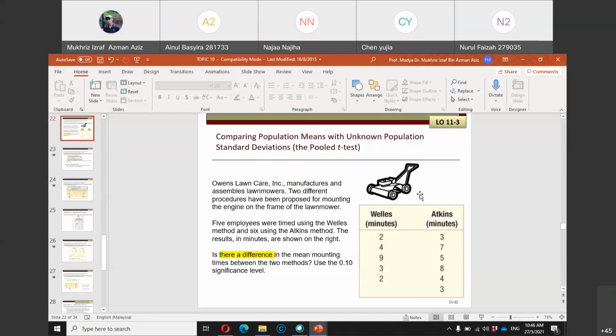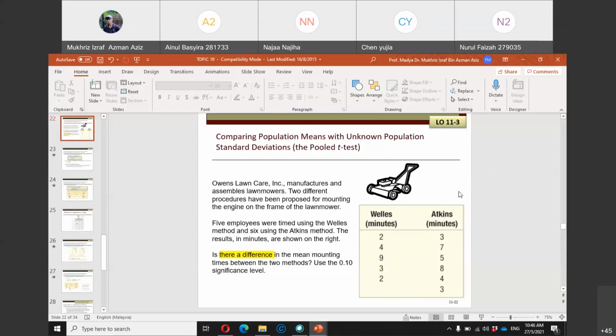If another student puts mu2 not equal to mu1, meaning that 2 refers to Atkins, then she is referring to Atkins not equal to Wellis. So in the calculation, it will be Atkins minus Wellis, not Wellis minus Atkins. Because whenever you do a two-tail test, a not equal to sign, you are going to test both sides of the tail, left and right. So either way, you are going to come out with the correct conclusion as well.